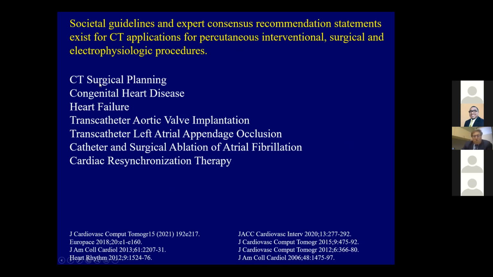For all of these things that I'm going to show you, there are now guidelines and appropriateness indications for CT surgical, congenital heart failure, TAVR patients, left atrial appendage occlusion, atrial fibrillation, and cardiac resynchronization or biventricular pacing therapies.